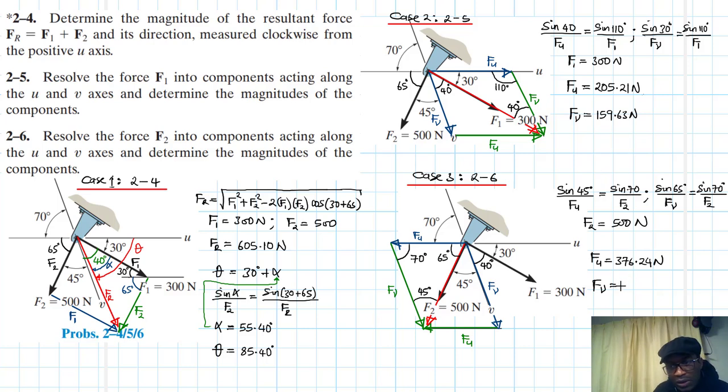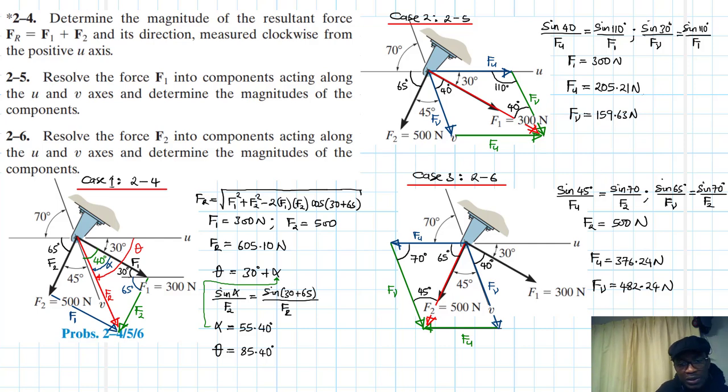So this just gives us 482.24 newtons. Let me check it again. 500 sine 65 divided by sine 70, 482.24. Great. I think we are done.